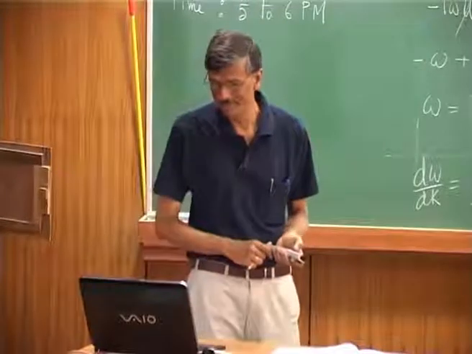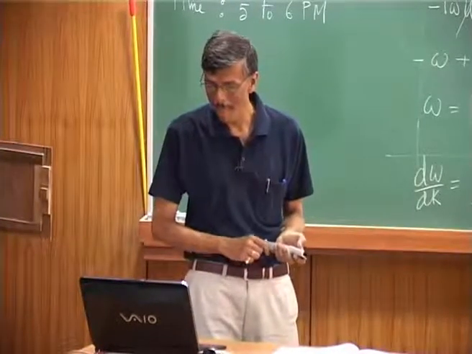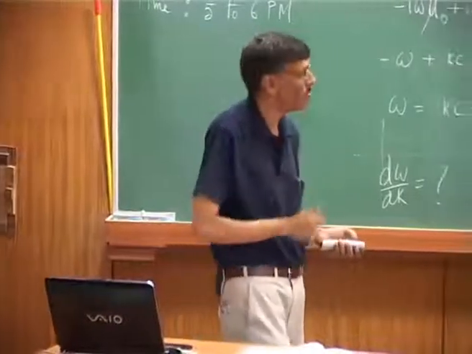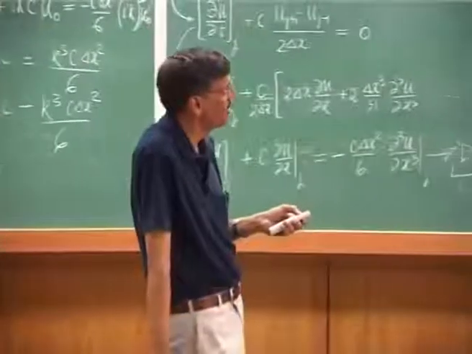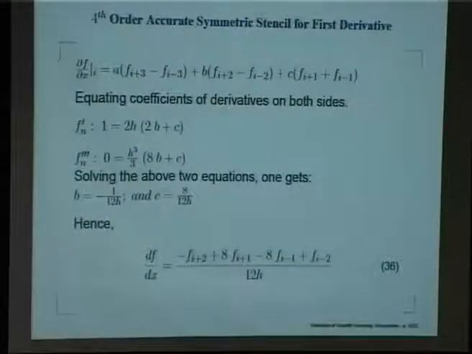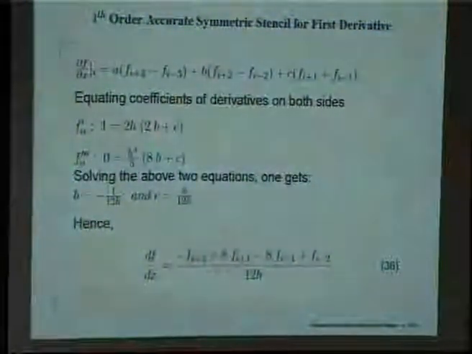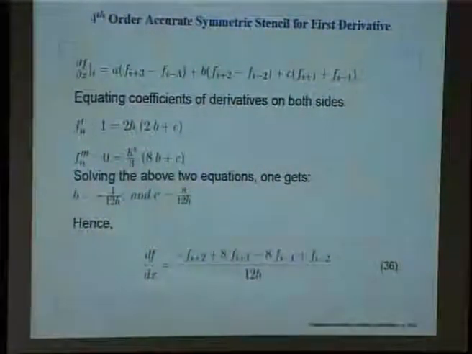Now, what happens? Suppose I would have tried to do that with a 4th order accurate stencil, then of course, this A is superfluous. As I explained to you, a 4th order would involve 5 points, 2 to the left, 2 to the right. So, we should have begun with B and C, and once we do that, this is what we get, right.